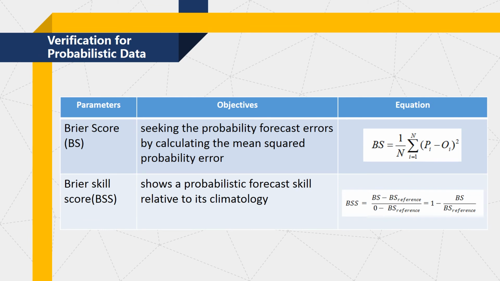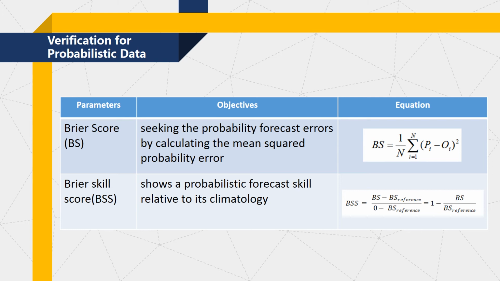Okay, these are the other verification parameters if you want to verify probabilistic data. They are the Brier score and the Brier skill score. The Brier score is used for seeking the probability forecast errors by calculating the mean square probability errors.